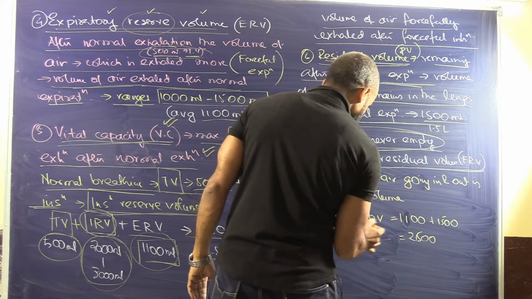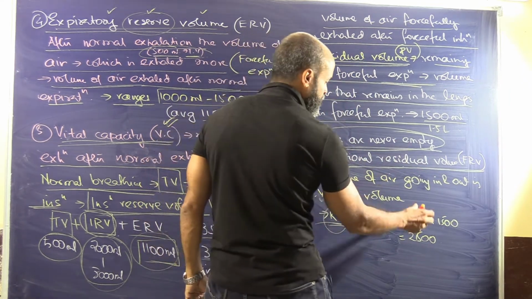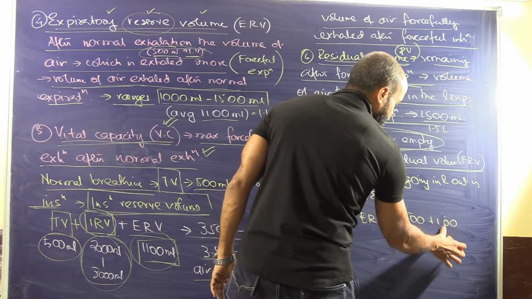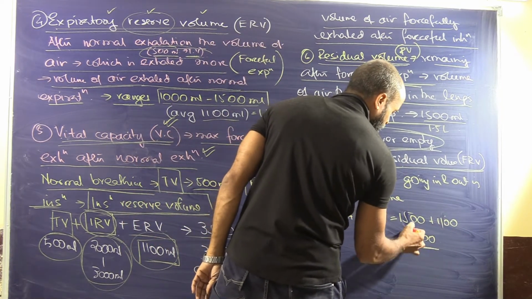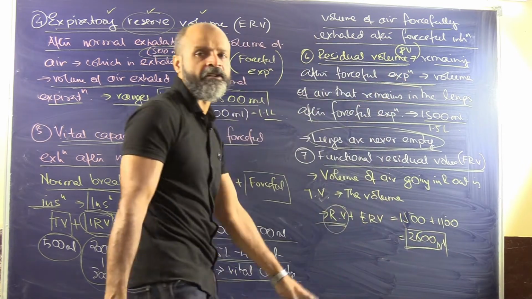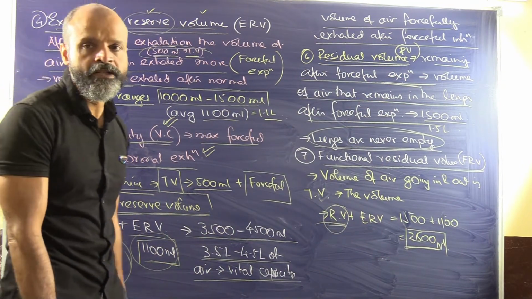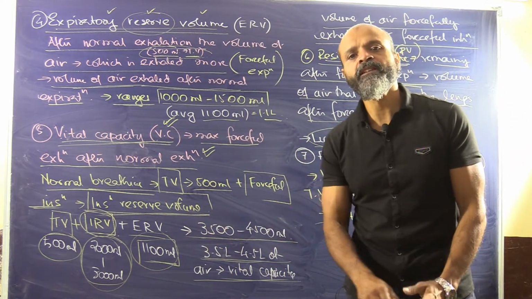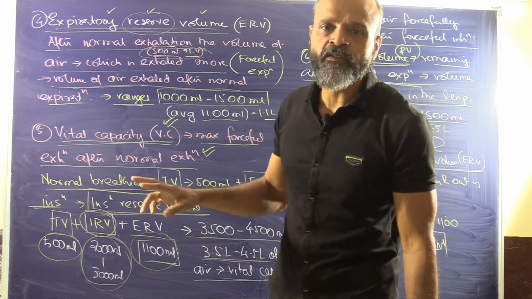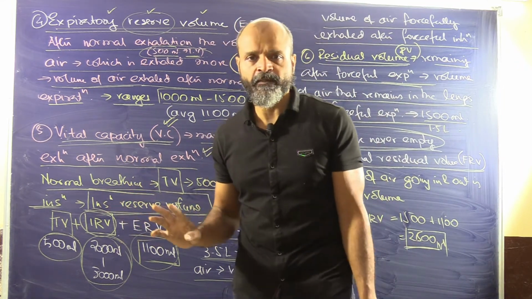The residual volume is 1500 milliliters and the expiratory reserve volume is 1100, so that adds up to approximately 2600 milliliters. So these were certain volumes with regard to expiration. In the previous slide we dealt with certain volumes with regard to inspiration.